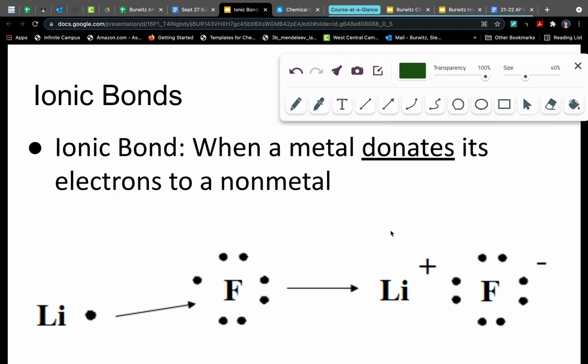So that actually ends up being quite handy to see. Now, ionic bonds happen when a metal donates its electrons to a nonmetal.